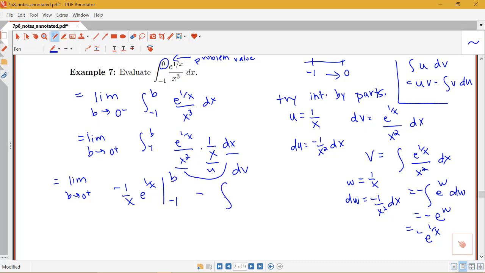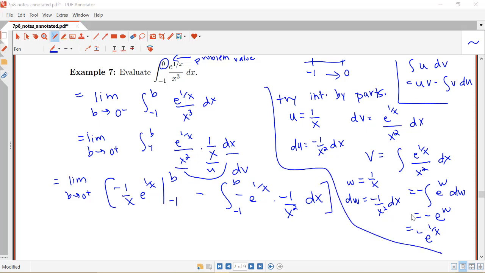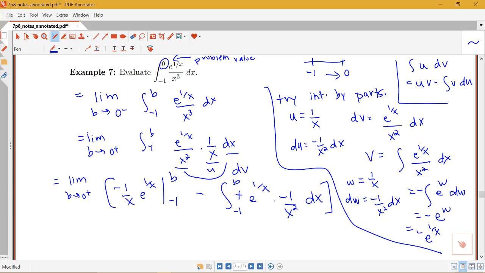And then I'll have minus my integral of v du, so that'll be my negative e to the 1 over x times -1 over x squared dx from -1 to b. Okay, so we can clean up these signs a little bit, so I have a positive here.